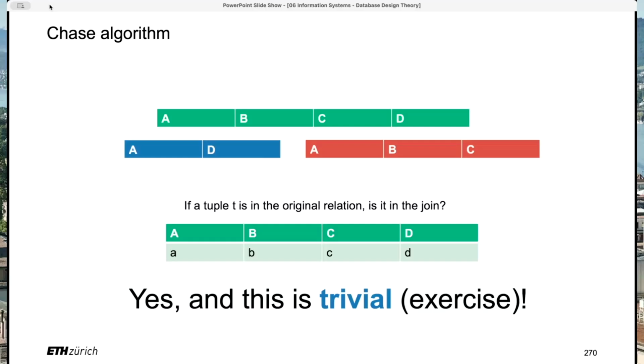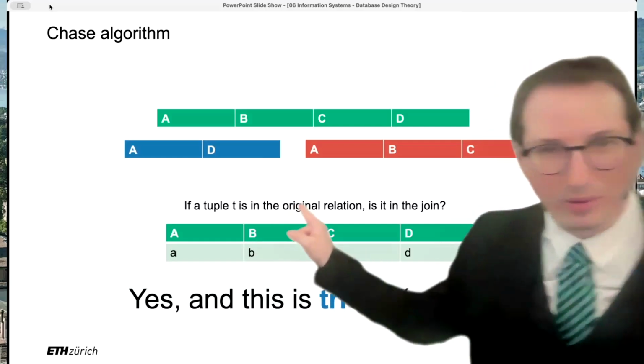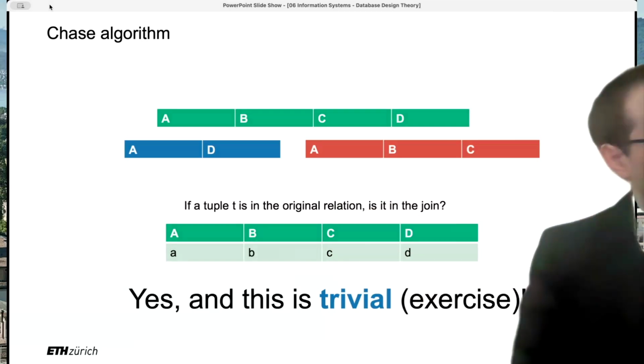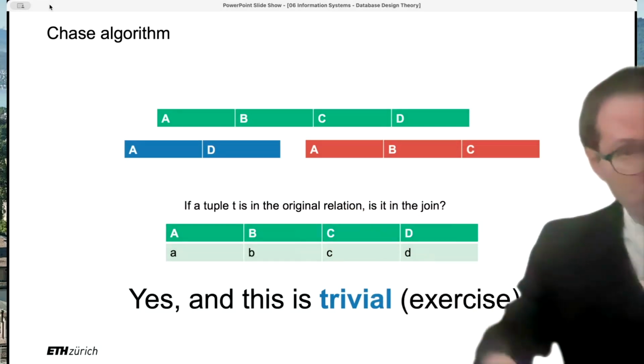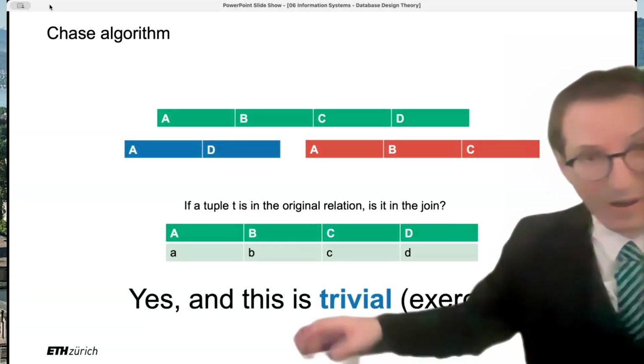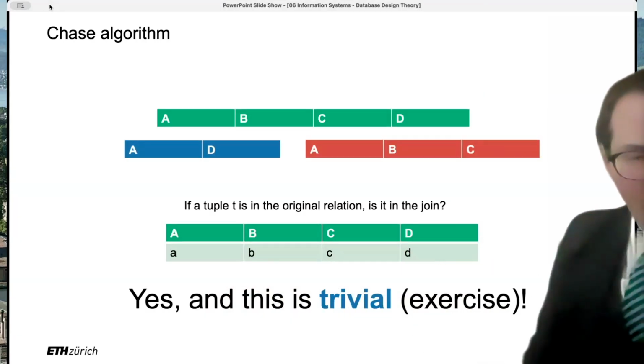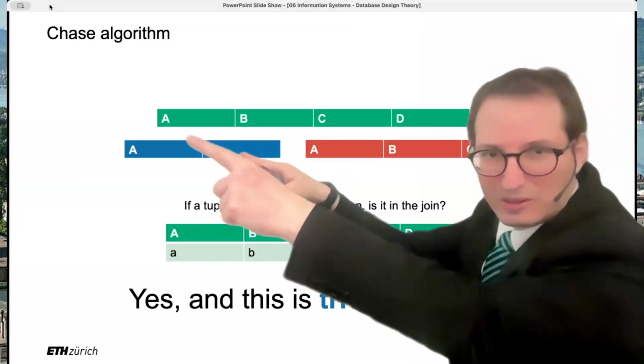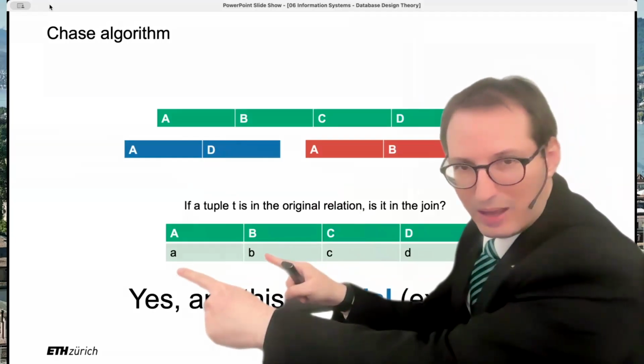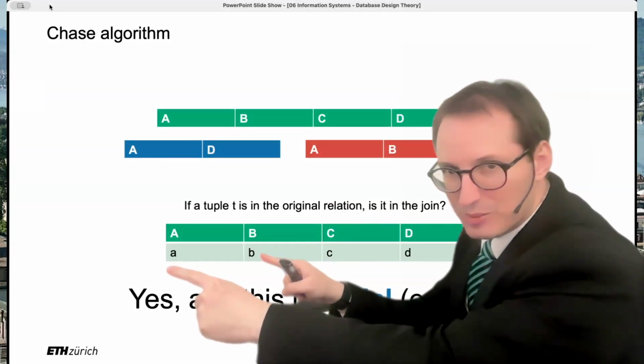Well, in fact, there is one direction in here that is trivial. It means that if you take a record or a tuple or a row in the original table, then it has to be in the join. That one is just by construction, right? Because if you take a tuple a, b, c, d, the projection of it on the first table will be AD, small a, small d.